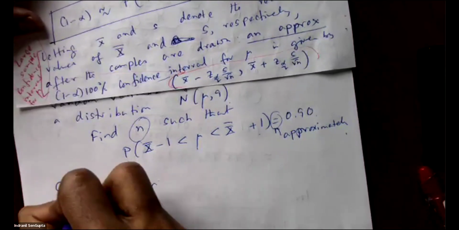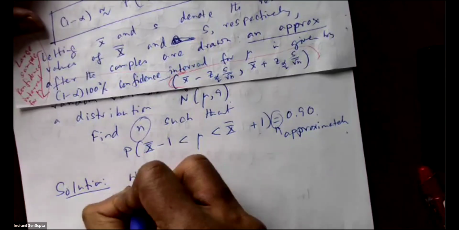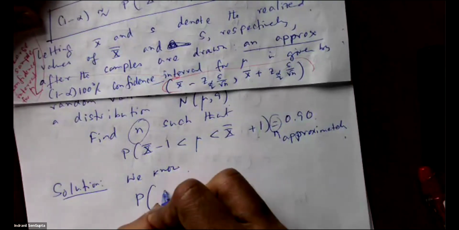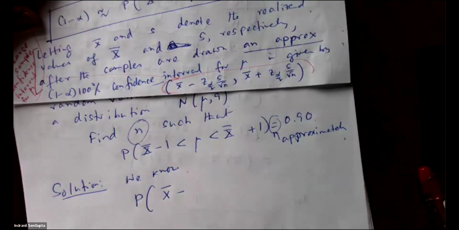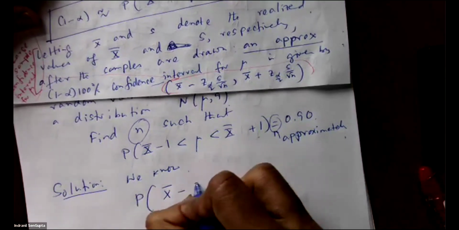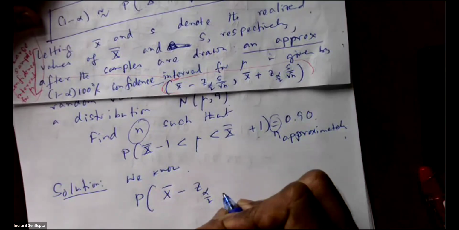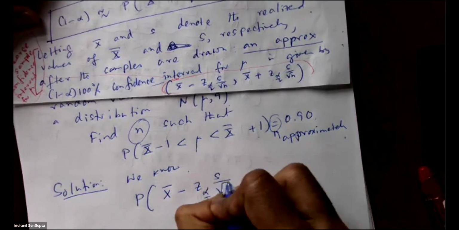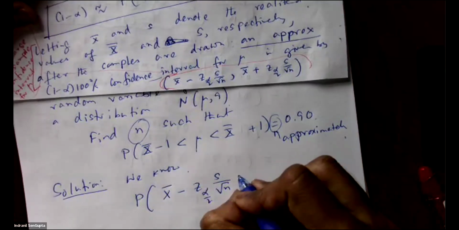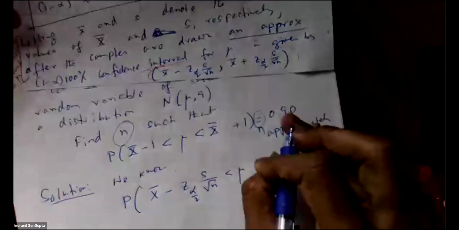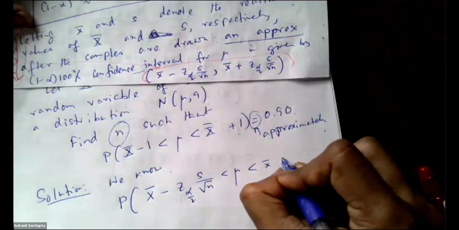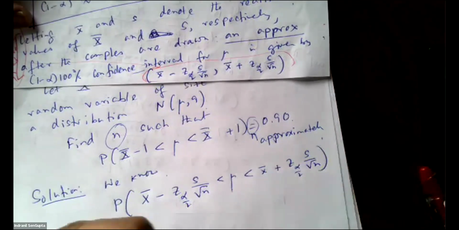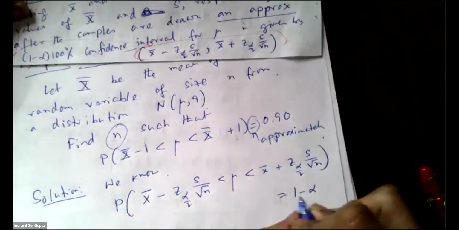So here's the solution. We know the probability that X bar minus z of alpha over 2 times s over square root of n is less than mu less than X bar plus z of alpha over 2 times s over square root of n is 1 minus alpha, approximately.